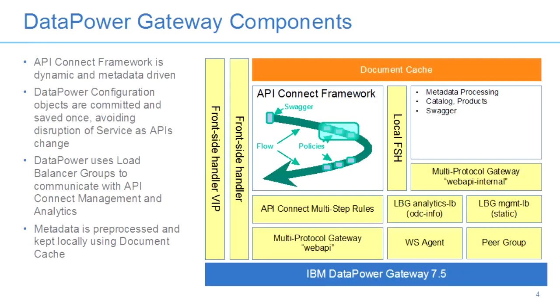The end goal is to provide what we call the API Connect framework that we are depicting in this picture: the ability to dynamically proxy or execute flows without interruption of service, completely driven by actions made in the API Manager user interfaces.